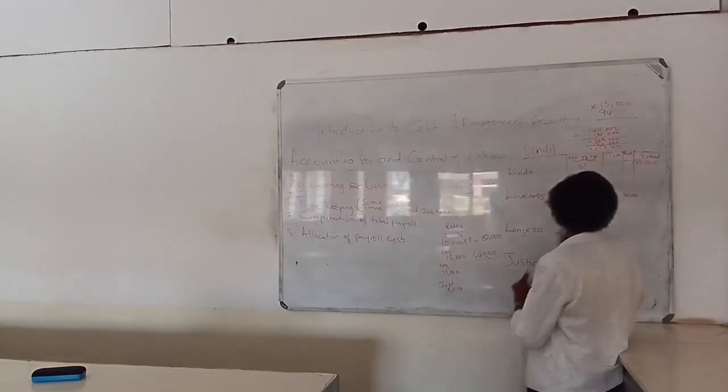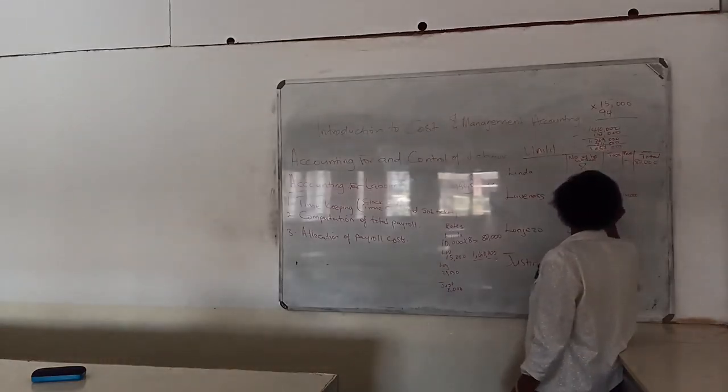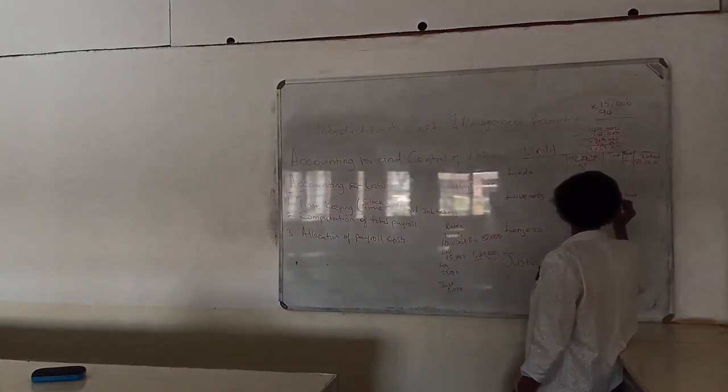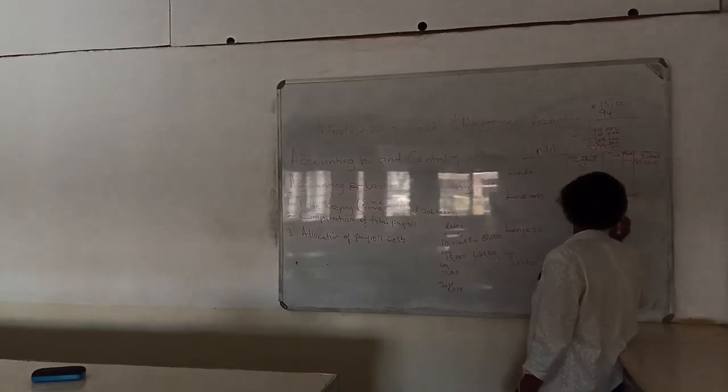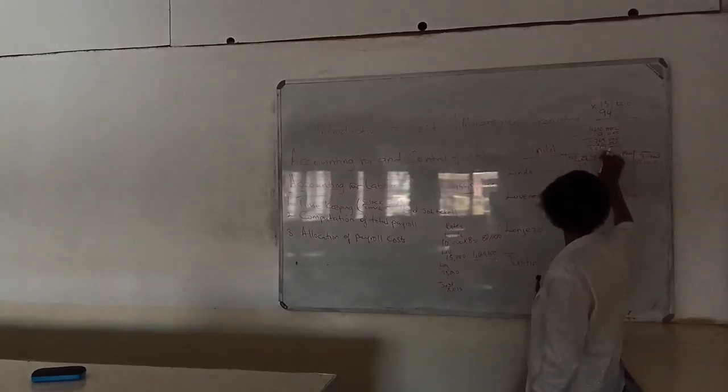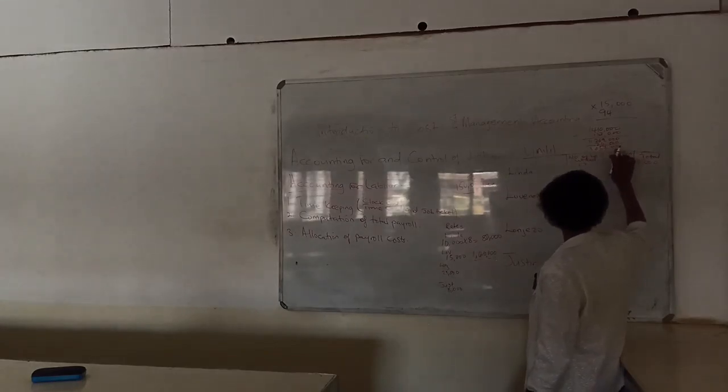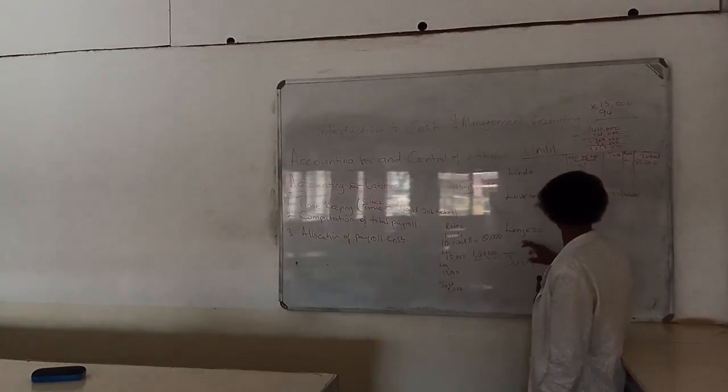So we're going to say the tax for Loveness is 211,500, which is a deduction. So we're saying that is what the net for Loveness, but we're supposed to minus the what?